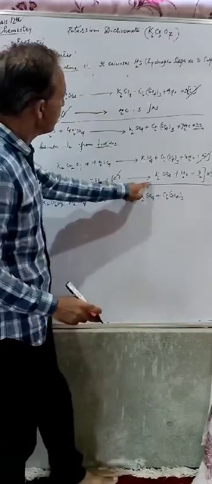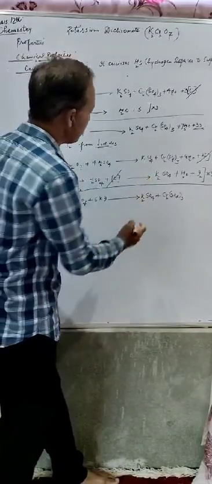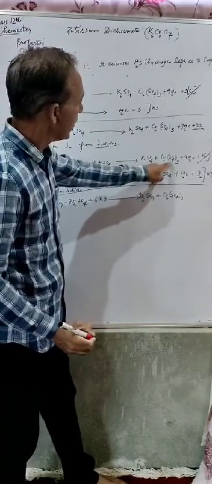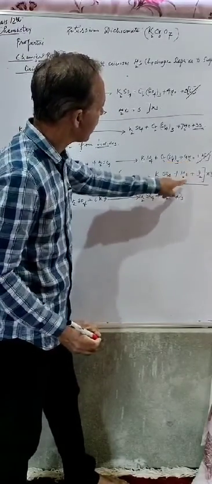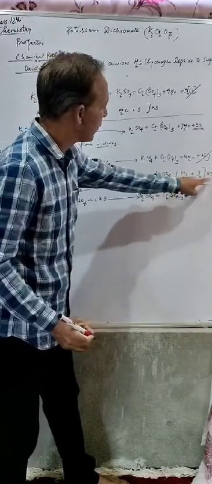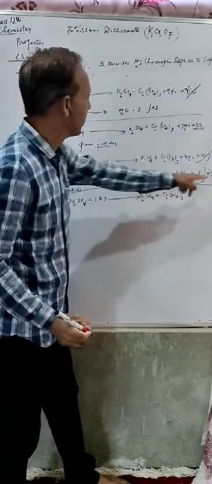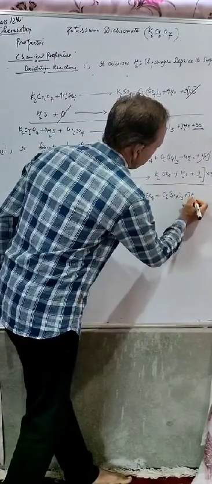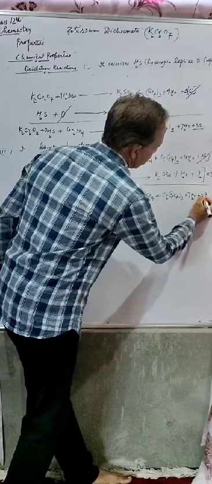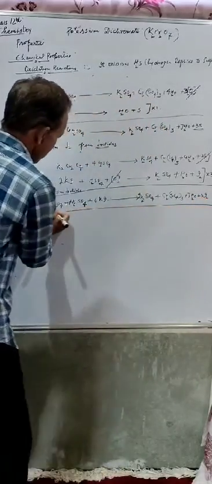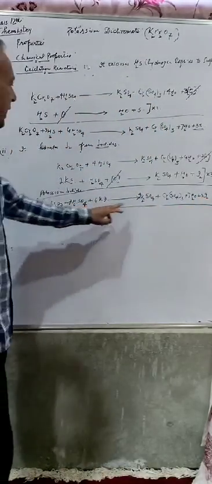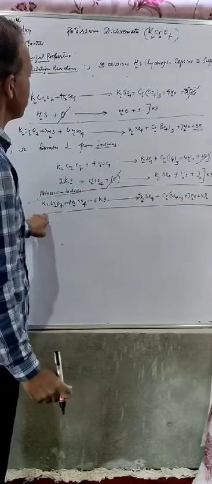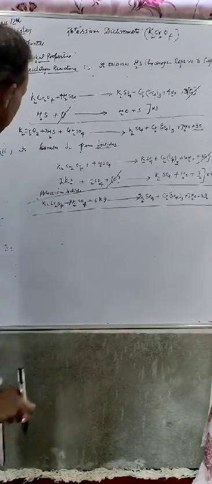Now we have K2SO4 1 time and 3 times, that means we have 4 times K2SO4, Cr2(SO4)3, plus 4 times water and 3 times water, because we have to multiply the whole reaction by 3, so 4 and 3, 7 times water plus 3 times iodine. So iodine is liberated when the iodides get oxidized by the potassium dichromate.